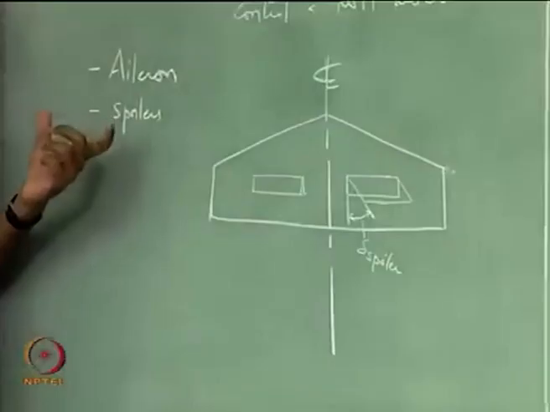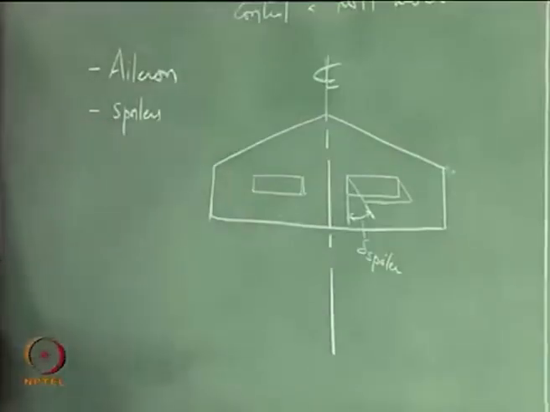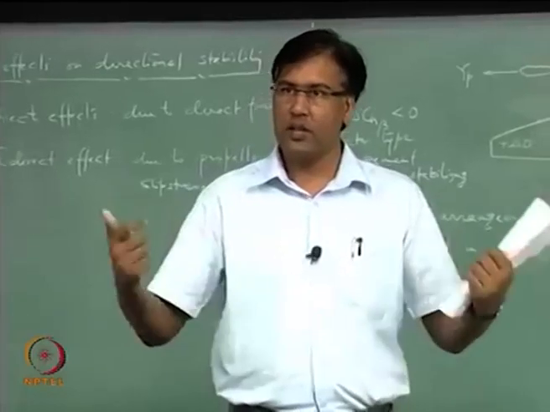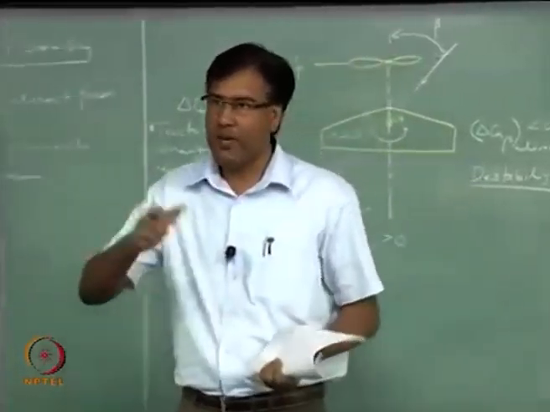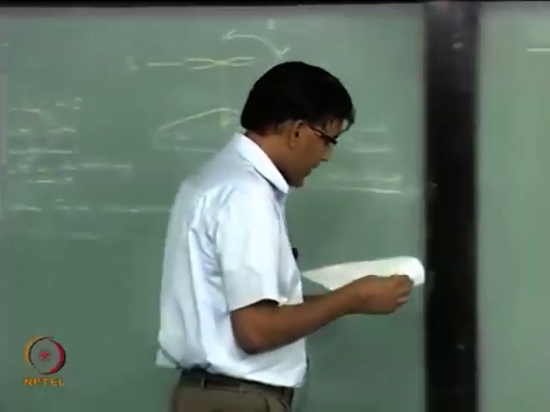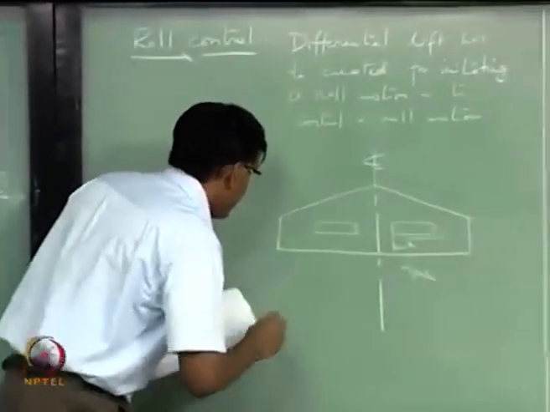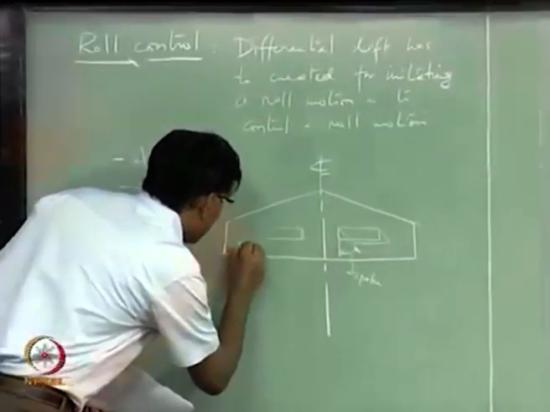So, the main control for roll is aileron, right, we know that much. And where should it be located on the wing? Towards the tip, right, because we want a larger arm length. So, it will be located somewhere here.